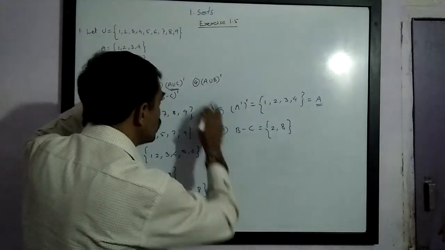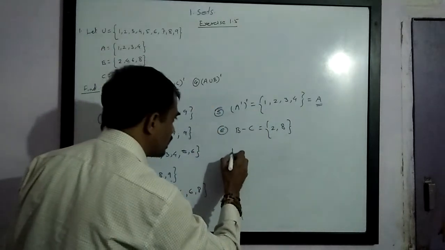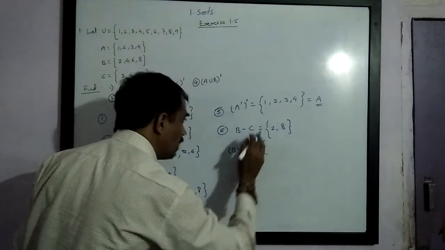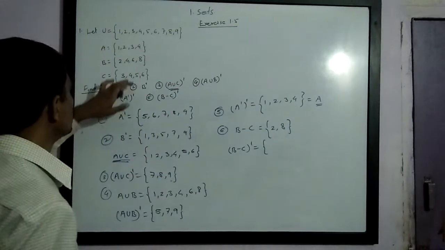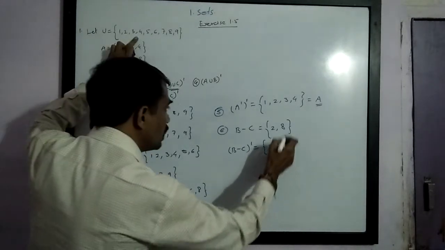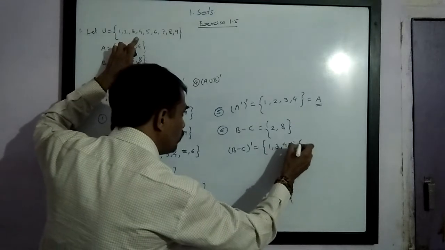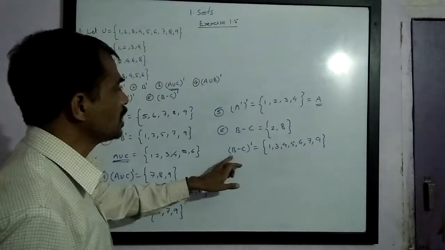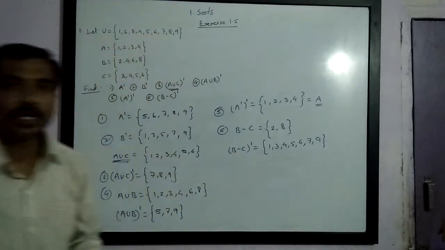Now its complement. So B minus C's complement is which are there in the universal set but not in B minus C. So this is equal to 1, 3, then 4, 5, 6, 7 and 9. So this is the set of B minus C's complement.